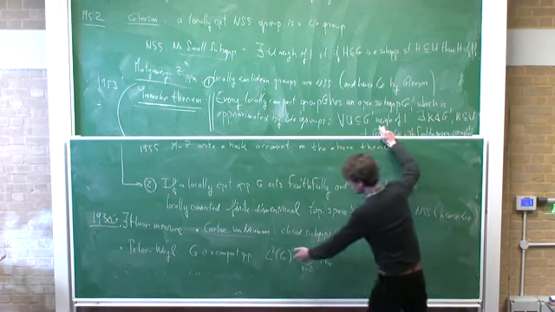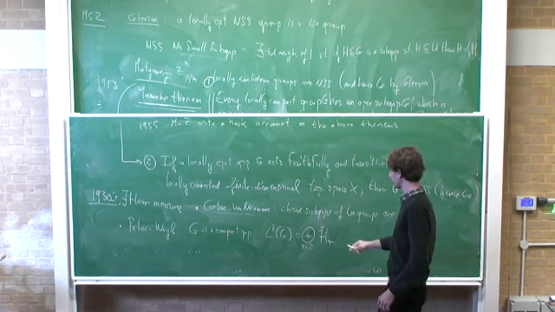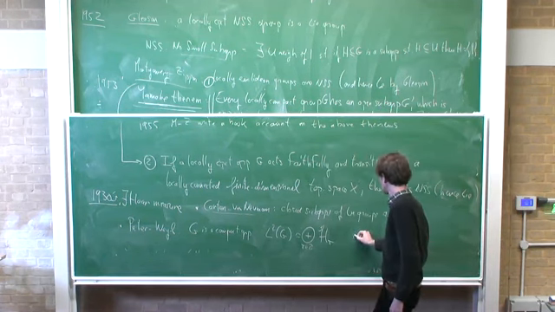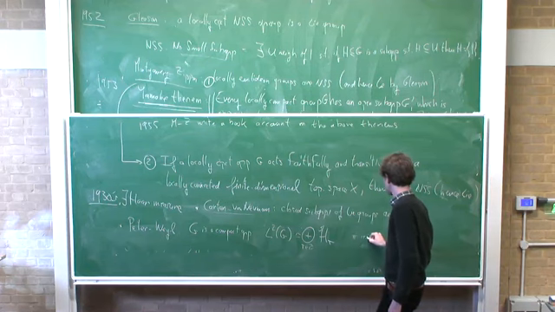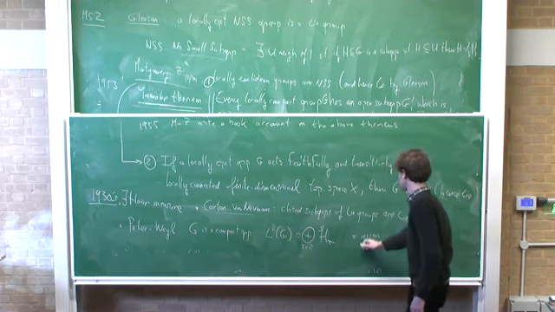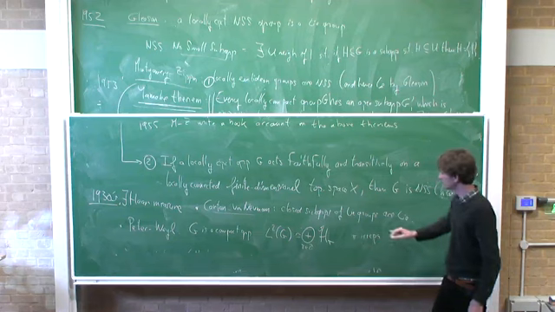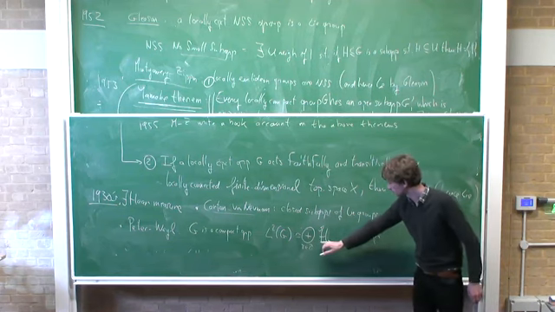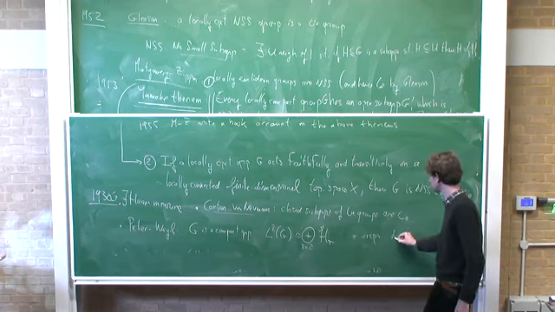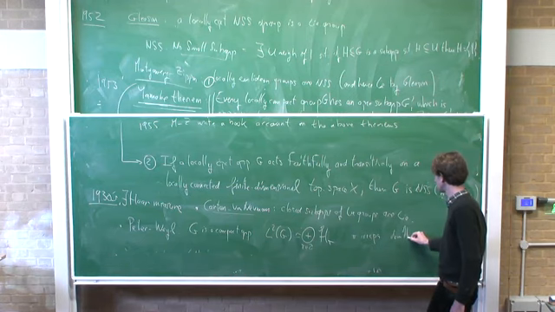You can decompose L2 of G as a direct sum of irreducible representations. And they show that when G is compact, the irreducible representations must have finite dimensions.